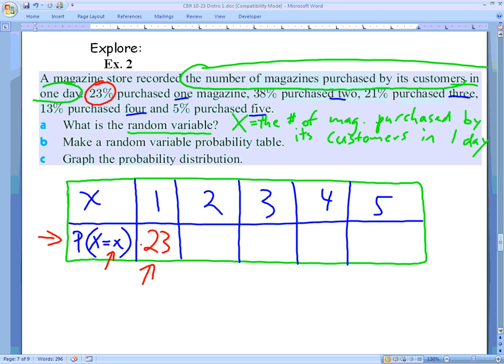Now, what about when big X equals 2? Well, that will be 0.38, and then 0.21, and 0.13, and 0.05. Sorry about that.